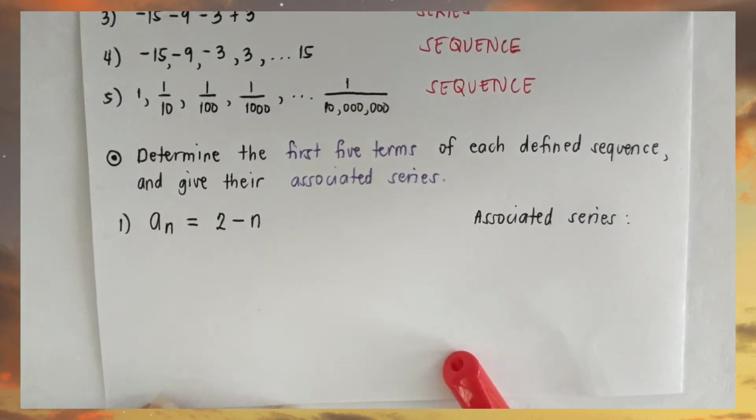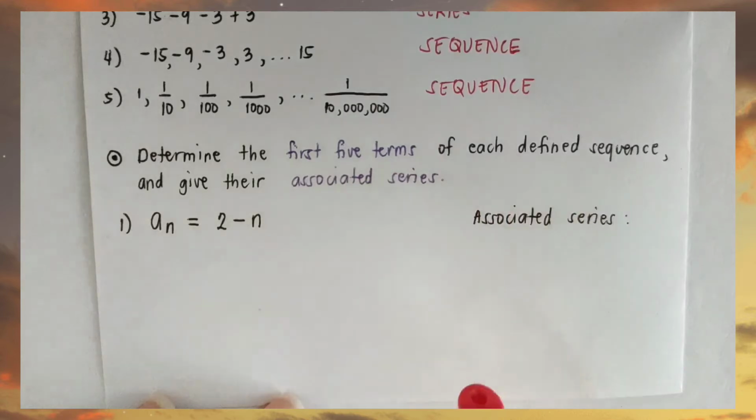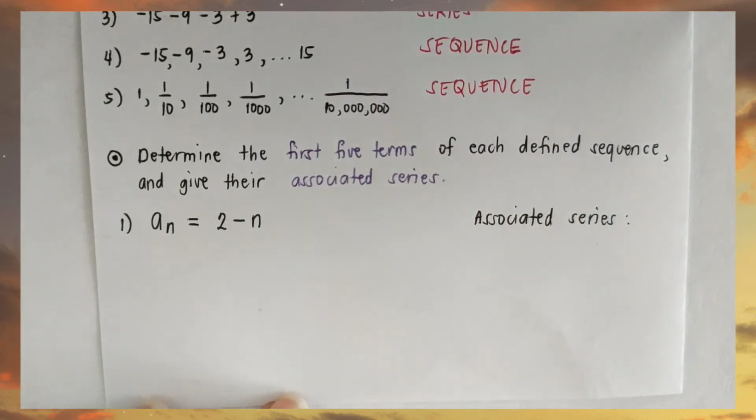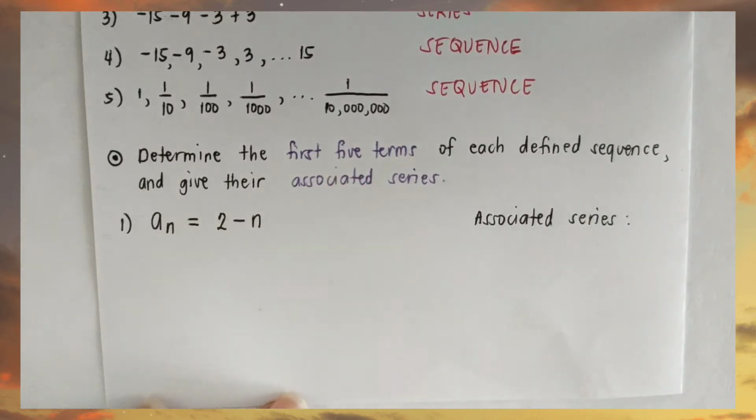Let us determine the first 5 terms of each defined sequence and give their associated series. For number 1, as you can see, a sub 1, a sub 2, a sub 3, a sub 4, and a sub 5 are the first 5 terms that we need to determine.